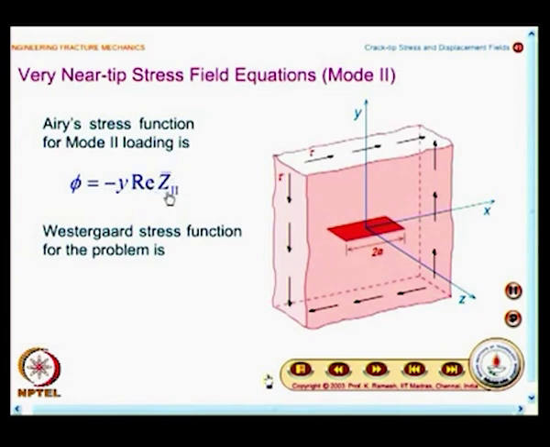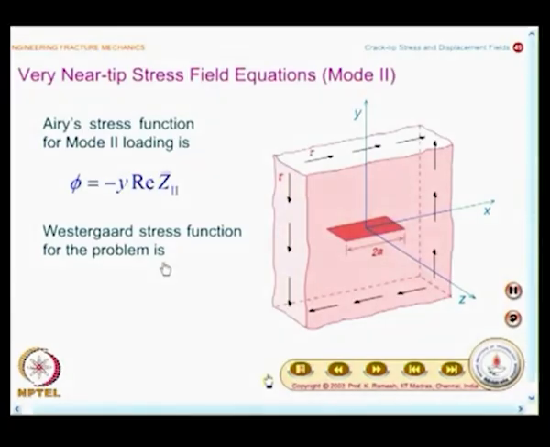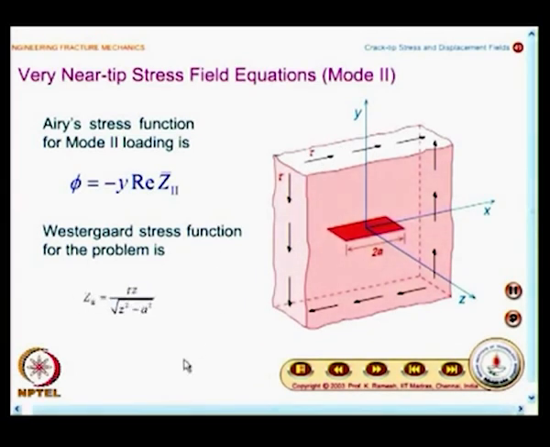We have to look at how this stress function is coined, and one of the advantages when you are using an analytic function is that all analytic functions are candidates for Airy stress function. They will satisfy the biharmonic equation, and the beauty here is the Westergaard stress function for the in plane shear stress problem turns out to be as simple as this.